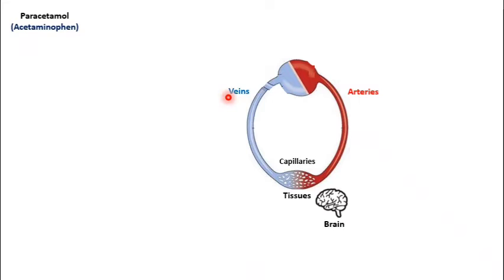And this happens again and again, like a circulation. And we call that circulation the systemic circulation. So, for every organ in our body, arteries come in and veins come out. And between them, there are the blood capillaries.